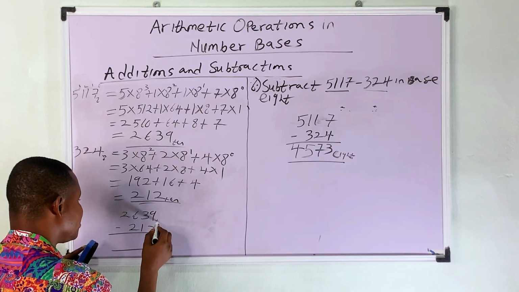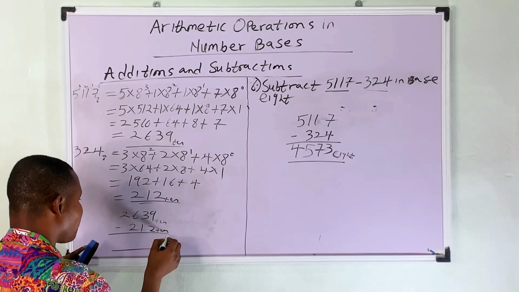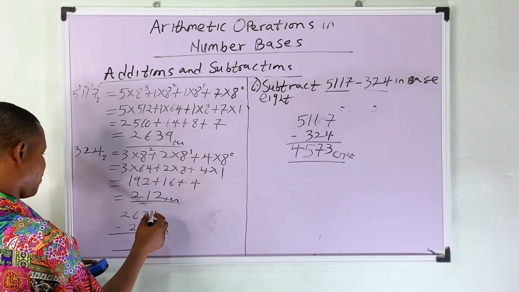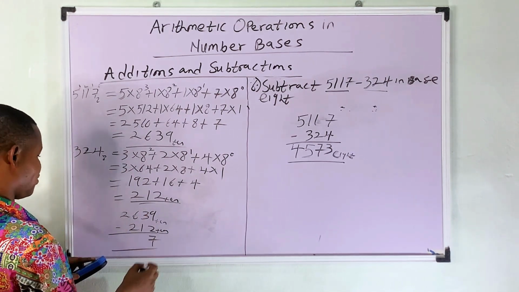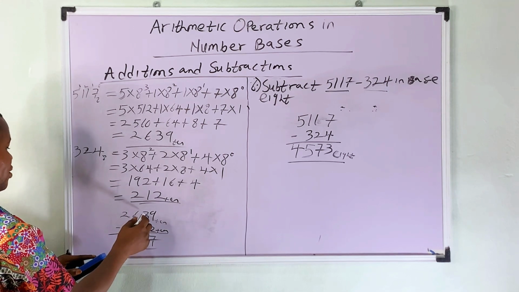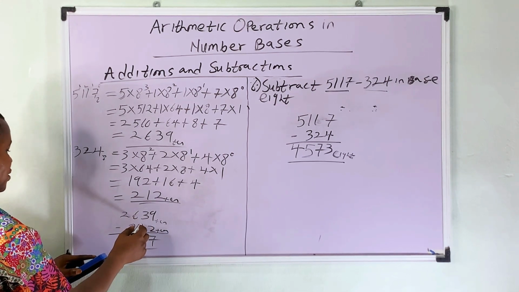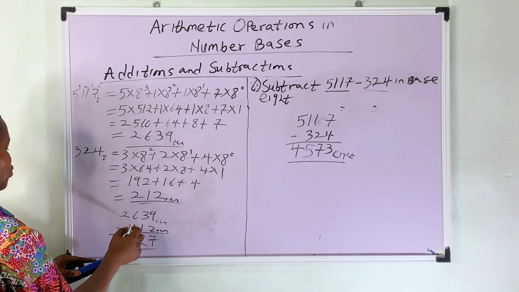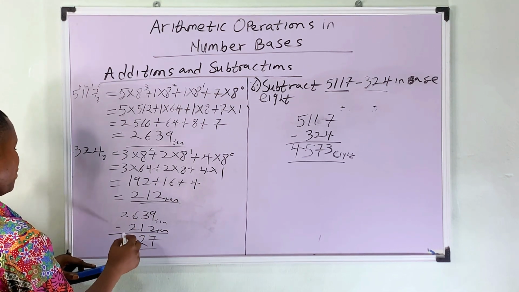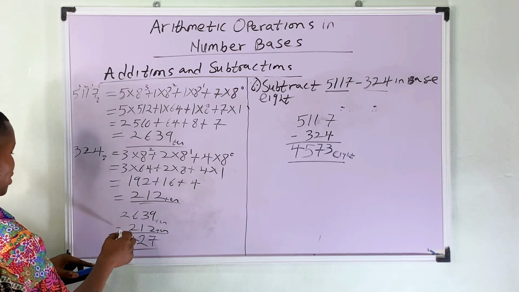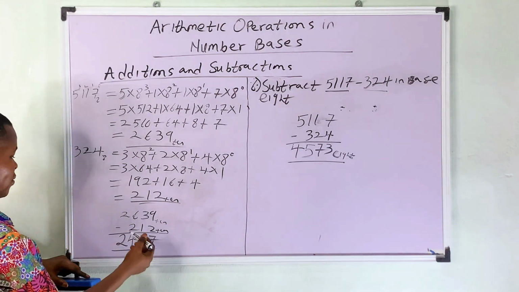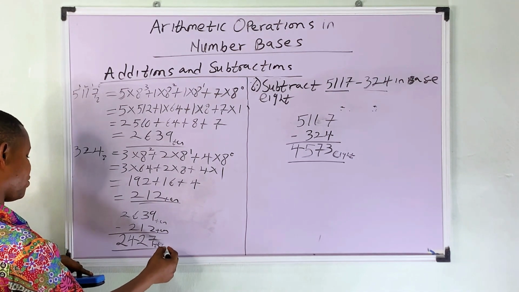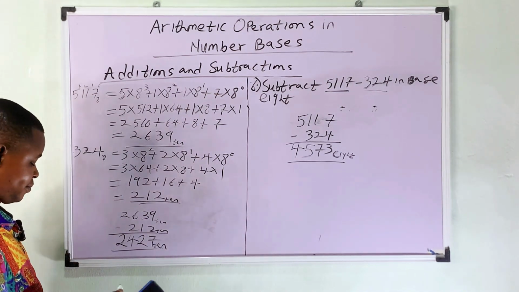Both are in base 10. 9 minus 2, that is 7. 3 minus 1, that is 2. 6 minus 2, that is 4. Then 2 minus 0, of course, is 2. Then we have 2427 in base 10.